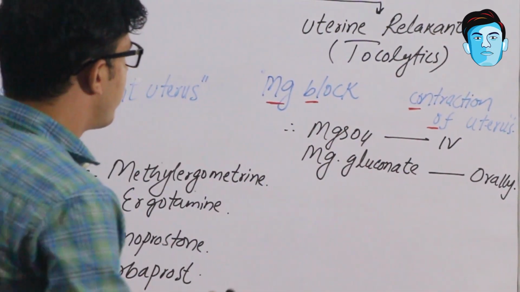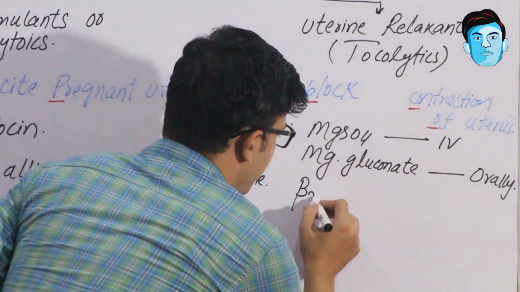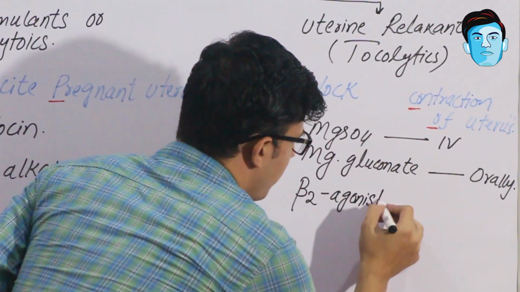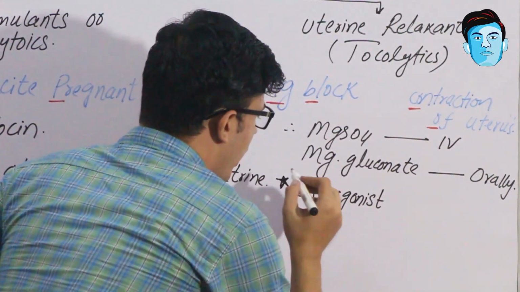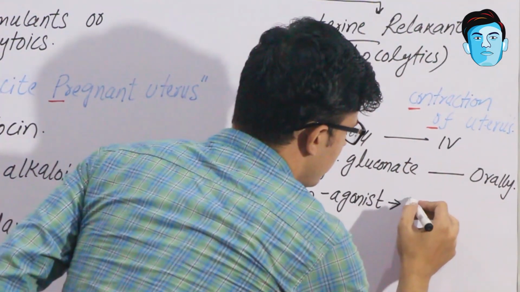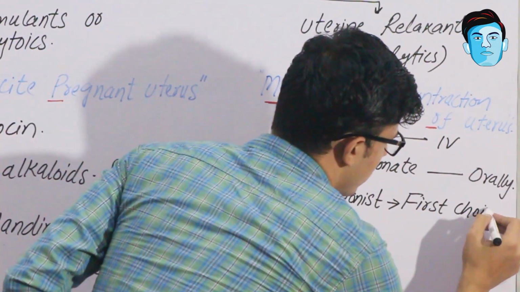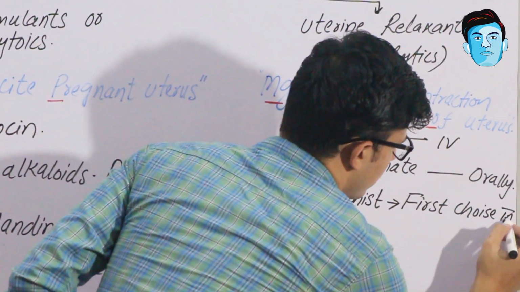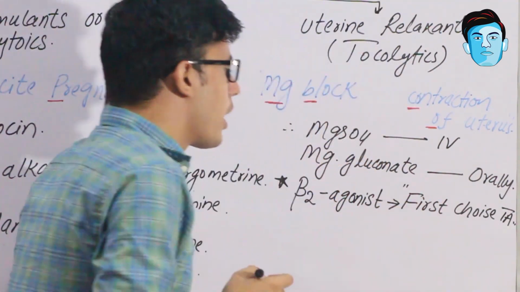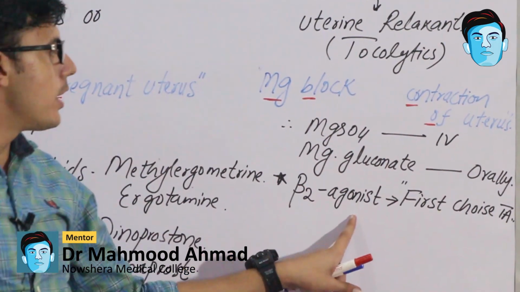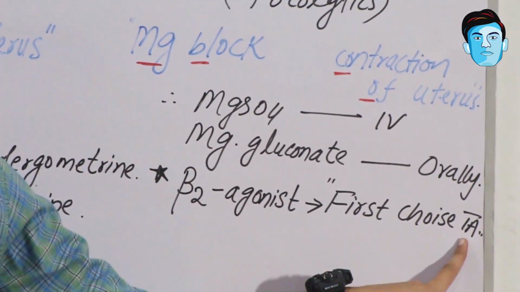Now B stands for beta 2 agonists. Basically, beta 2 agonists are the first choice tocolytic agents. The most important class of the tocolytics are beta 2 agonists.